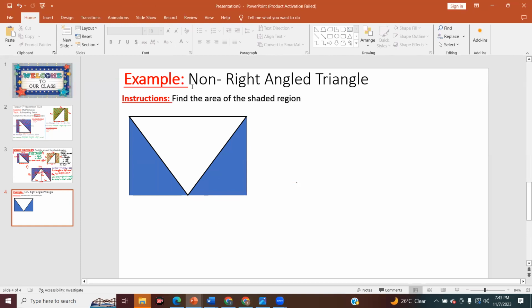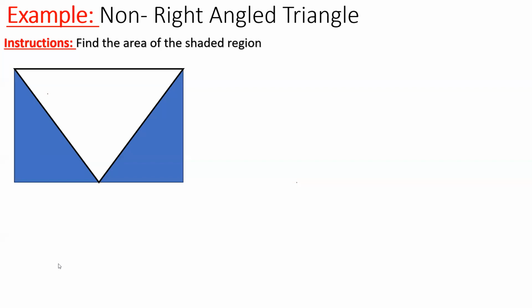Okay, and so for this one, I want to find the area of the shaded region. Let's say that the shaded region is this. So I want to find the area of this same shaded region right there, the one that I'm shading in.